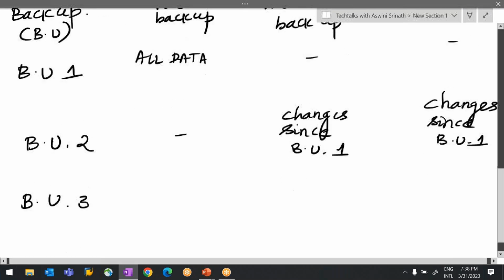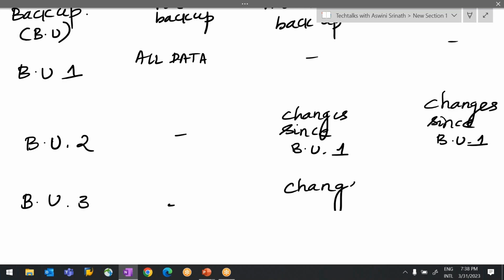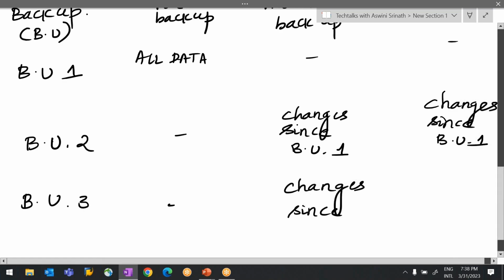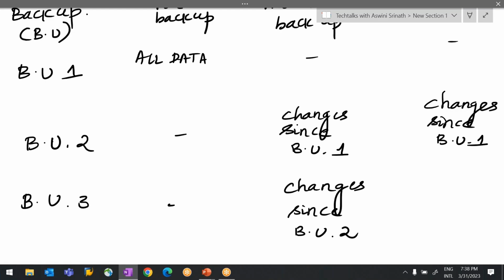Then on day 3, you take another backup, you don't take a full backup. Here the incremental backup will be changes since backup 2, because the last backup you have taken is backup 2. So from backup 2, what is the change? Only the incremental portion.